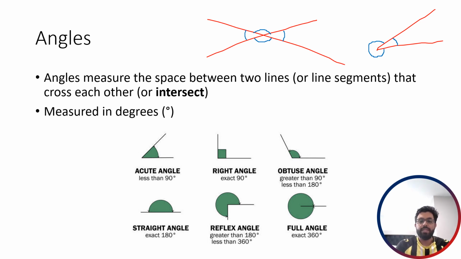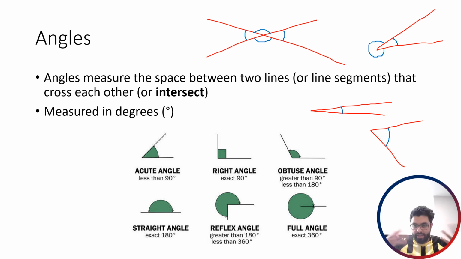And so degrees allow you to describe the difference between this little small angle in here and this significantly larger angle out here. Degrees are what we use to quantify that, to put a number to it. And so we're going to look a little bit more closely at that today.